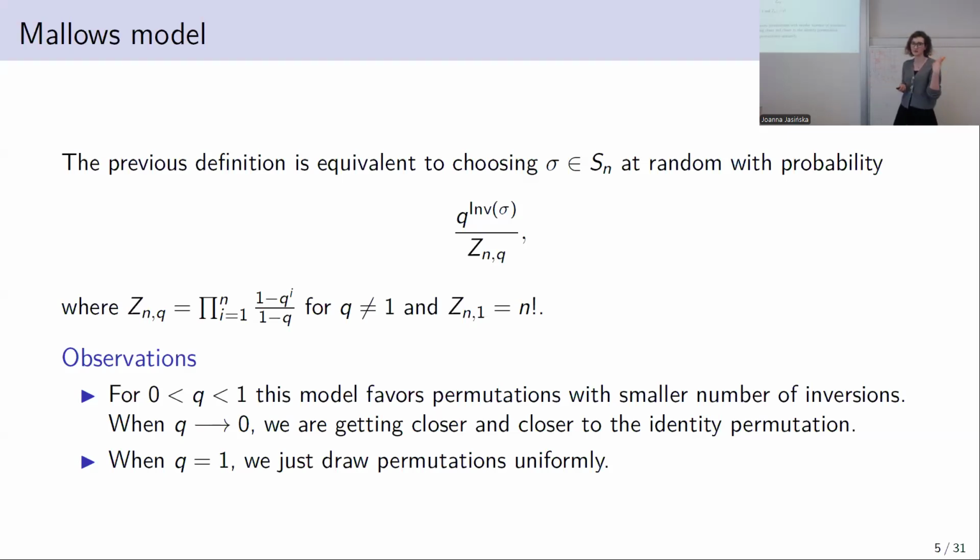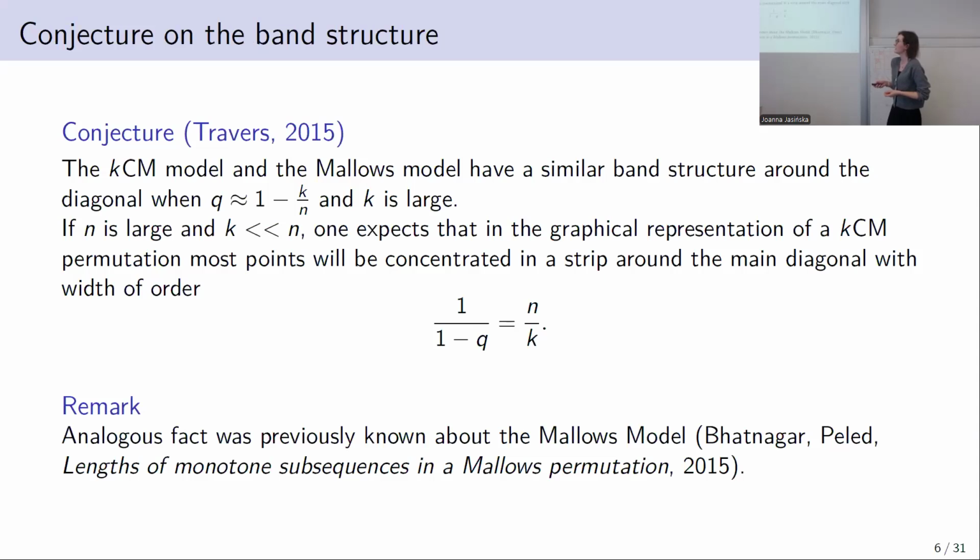And again, as before, there is a special case of this model that gives us just a uniform distribution. So if q equals 1, then my normalizing constant is defined to be n factorial, and it just gives me the uniform measure on the group of permutations. So these were my two models. And in 2015, Travers stated a conjecture that those two models are similar in some sense.